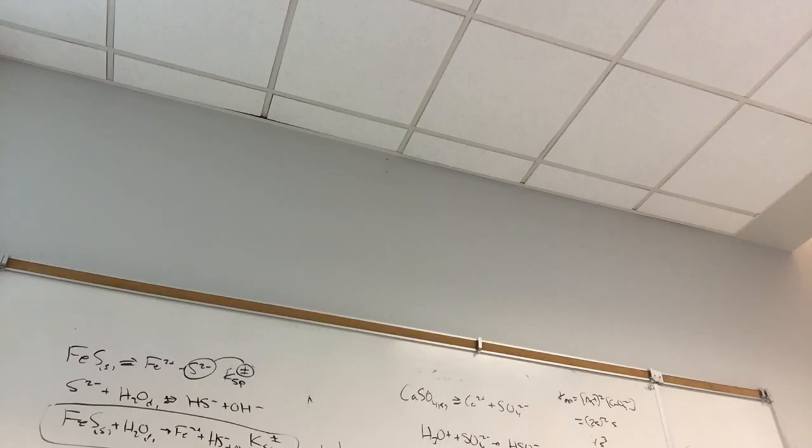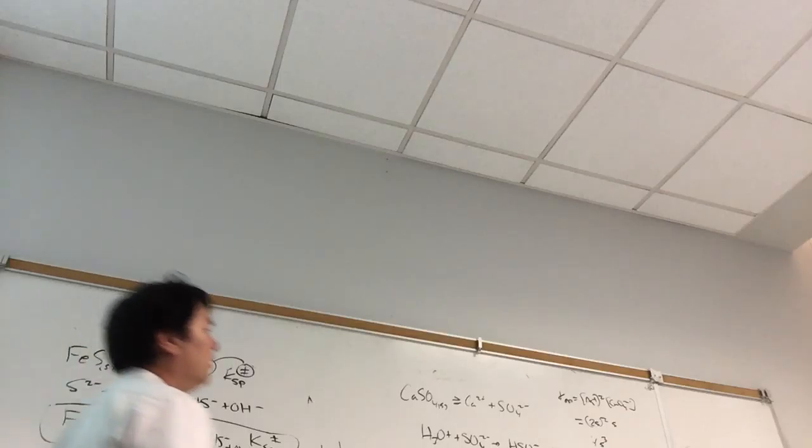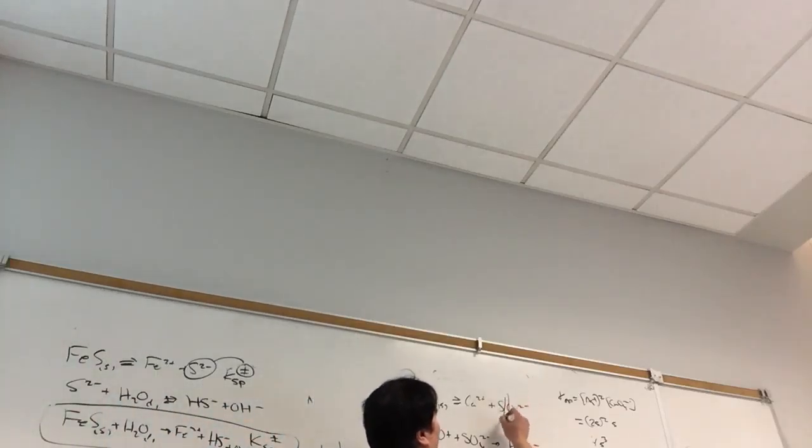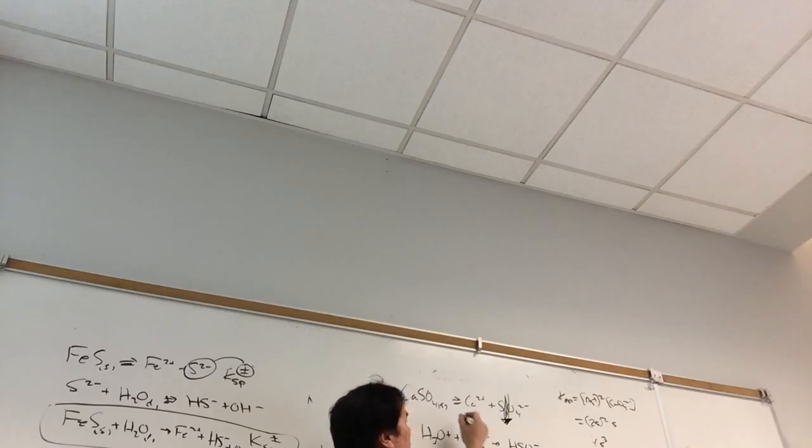And so what you want is to do this Le Chatelier type effect, like we did here. If we can decrease the sulfate concentration by attacking it in some chemical reaction, we can increase the solubility. So we remove the sulfate, Le Chatelier's principle says it's going to shift right.